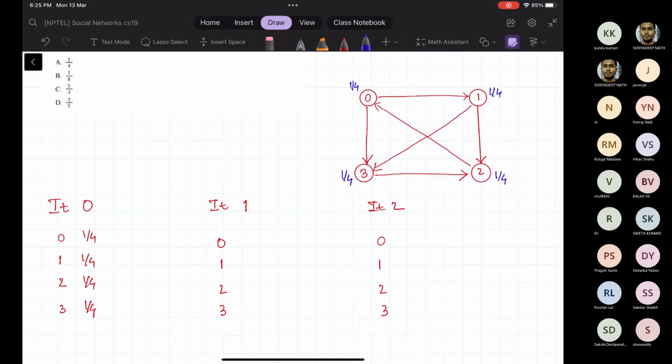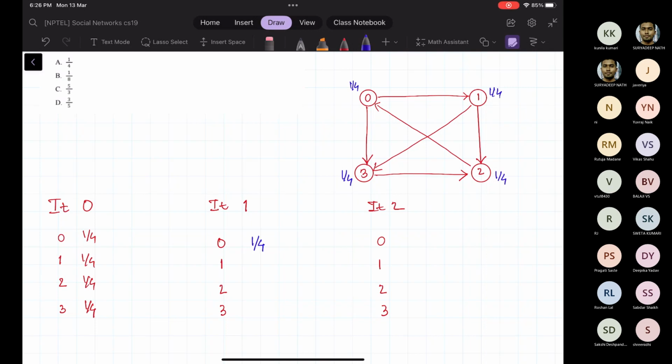Node 0 divides its 1/4 equally between node 1 and 3. However, node 2 gives its entire 1/4 to node 0 because it has no other outgoing edge. There is only one outgoing edge from 2 to 0, so 1/4 goes directly to 0. So the page rank of node 0 would be 1/4.